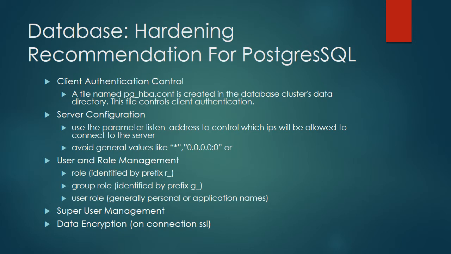The group roles, g_roles, will be granted with the r_roles, so they will be a collection of r_roles. And finally, the user roles will be granted with one or more group roles and will be the ones with the login privilege. Make sure to use specific users for different purposes, like specific app users or backup users, and limit the connections for that user only from the required IPs.